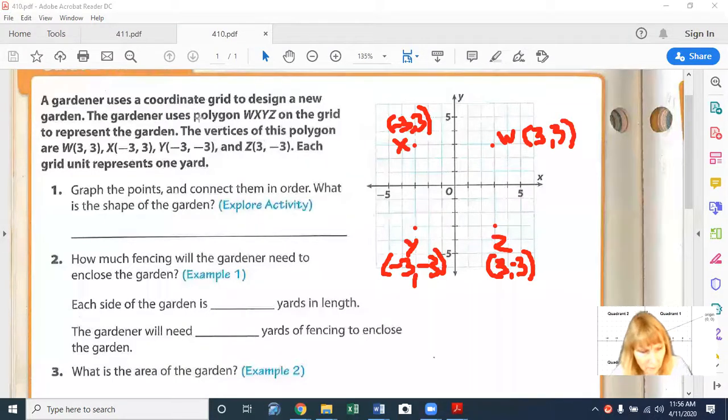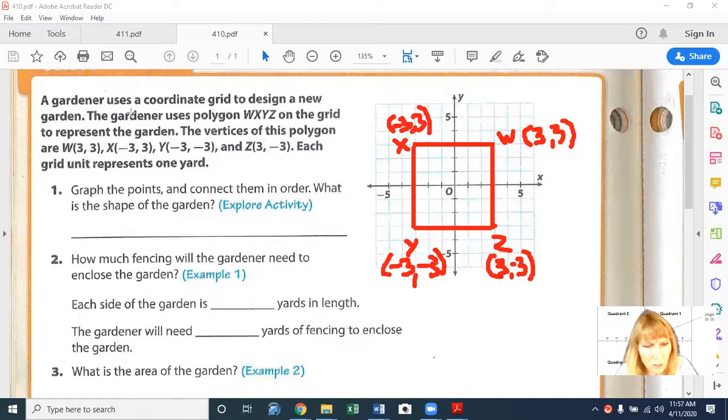So I'm going to use a line for that. So X to W, W to Z, X to Y, and Y to Z. So we get a nice, what is that? Probably a square, right? The sides all look like they're the same length. Graph the points.